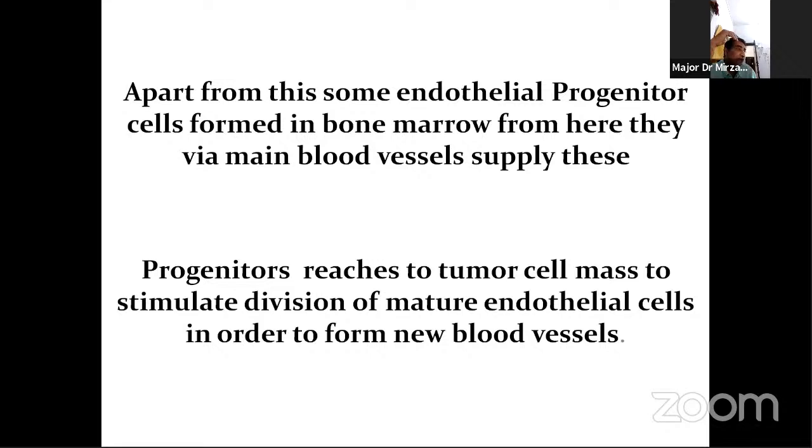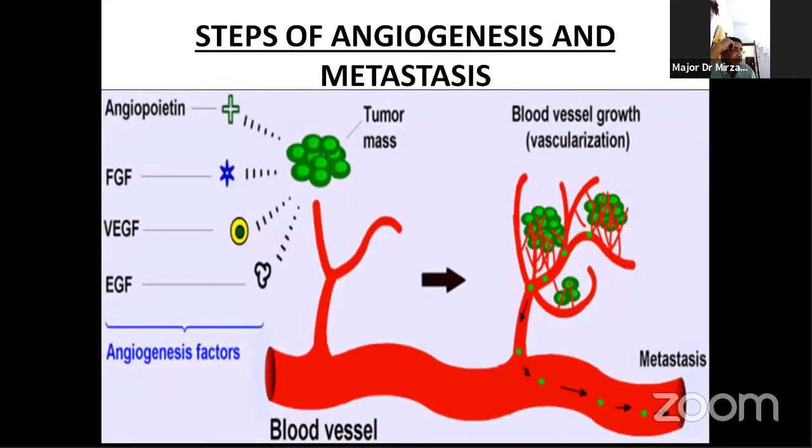And also, these endothelial progenitor cells help in proliferation. So you must be observing the endothelial cell is a key factor closest to the tumor area, which is responsible for this angiogenesis.